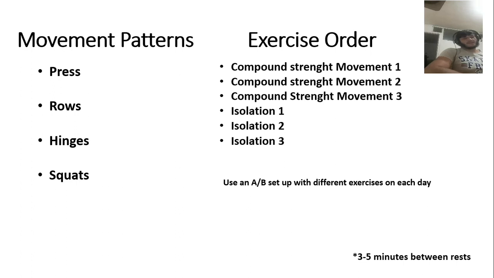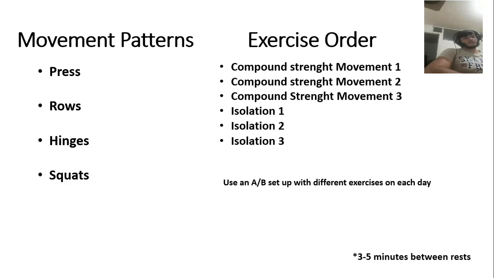Rows, basically they are movements for the back, specifically the lats, and to some degree the traps as well. So in the row category, you can have stuff like pull-ups, T-bar rows, a chest-supported row machine, you can also have a seal row, stuff along those lines.